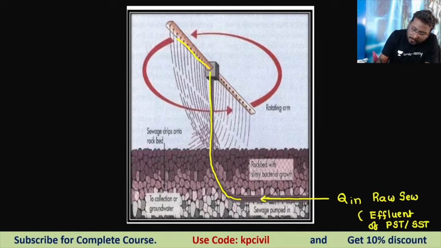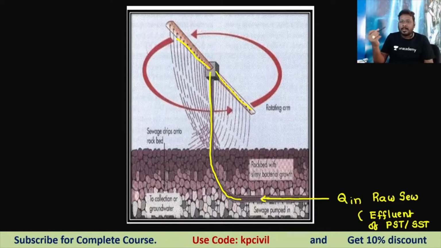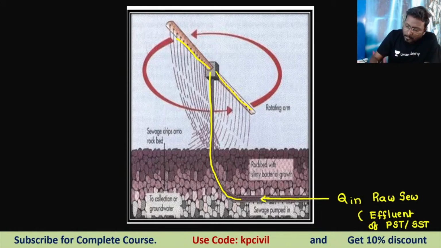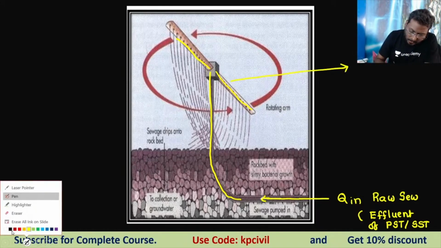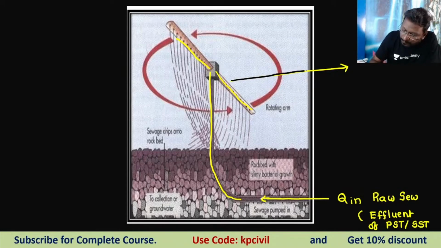Then it is released through the sprinkler system. You observe this in agricultural lands, in the irrigation process, the sprinkler method. Rotating sprinklers are there, a rotating distribution system. This is called the rotating arm.